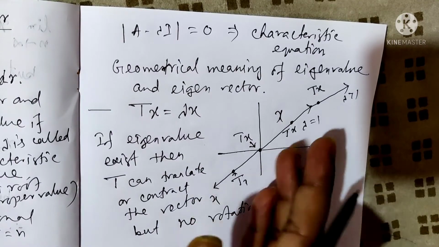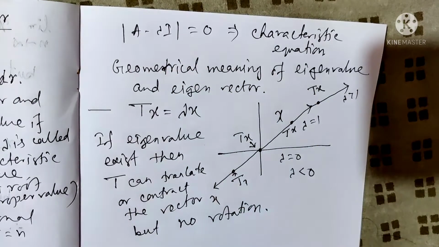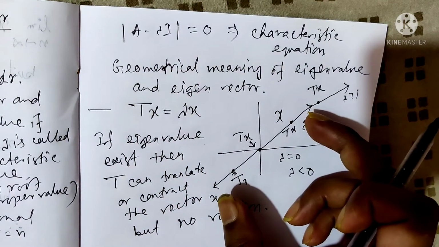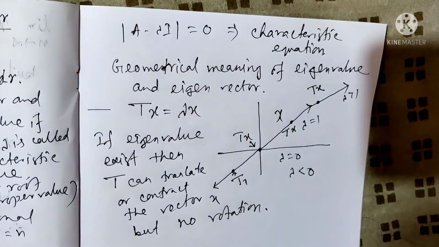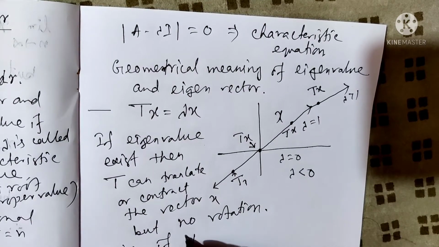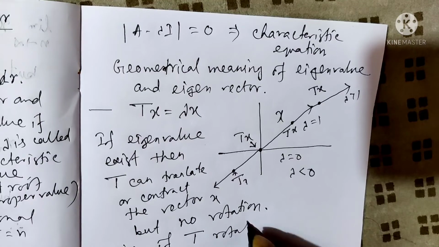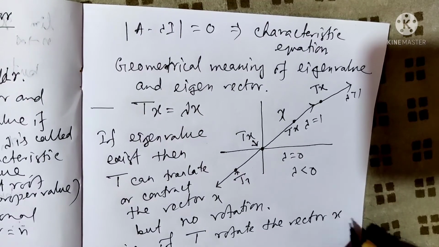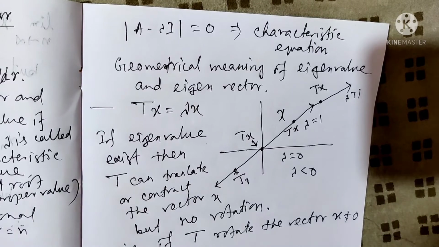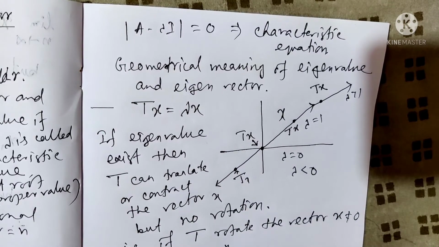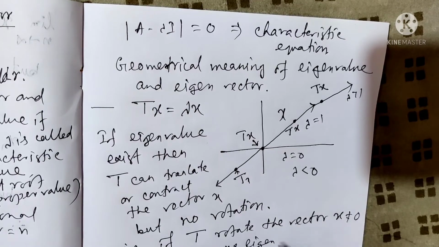That is, if rotation can occur by the linear transformation T, then eigenvalue does not exist. That is, if T rotates the non-zero vector x, then T has no eigenvalue.